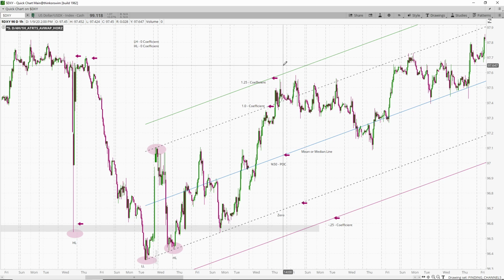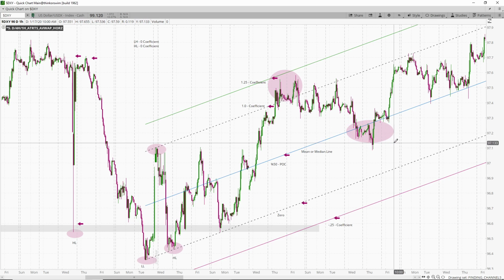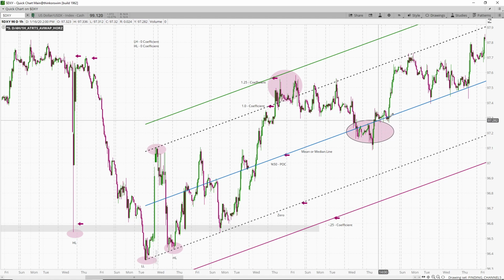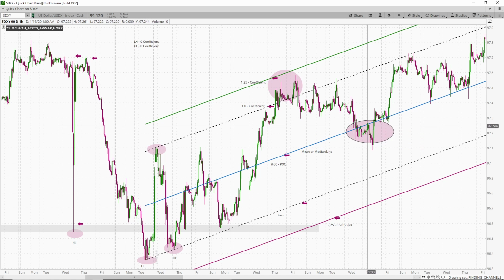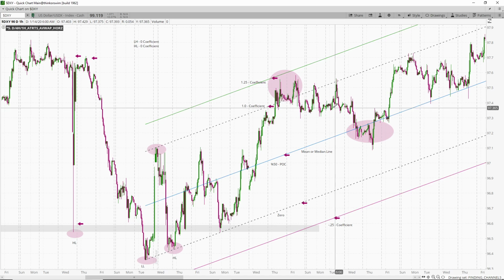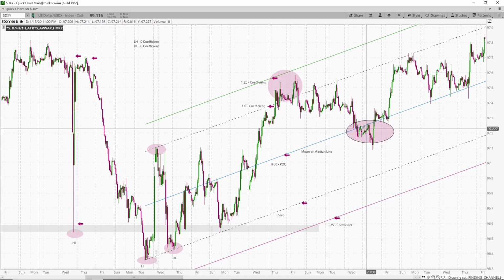Now that we have this identified, we've got a high of the range where you would be suspect to want to be a buyer. But you might pay some mind to the point of control, to see if it is starting to act as a valuable area for buyers to get into the market. So we blazed up this way and came back down to the mean or median line, your point of control, and we found buyers down here.